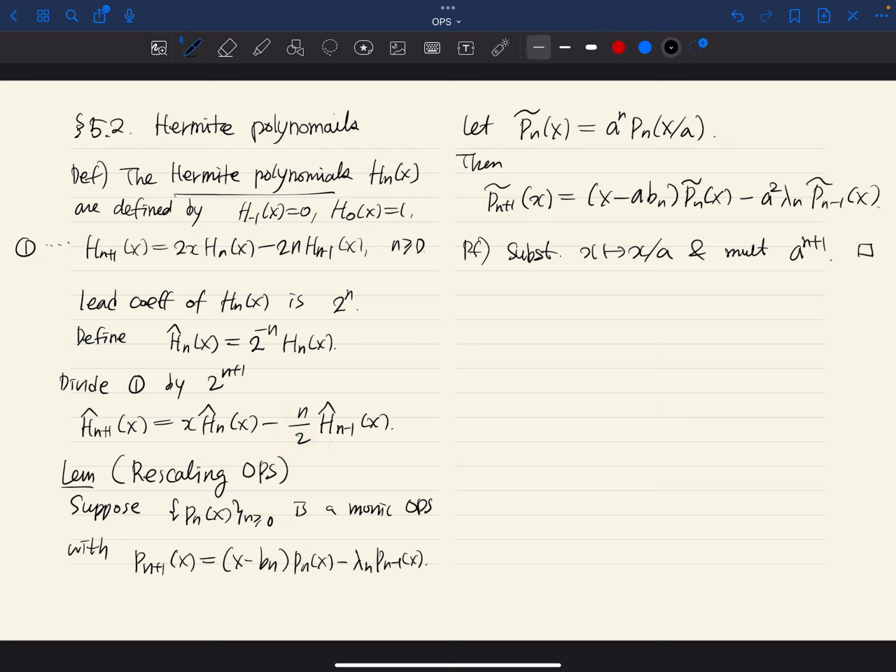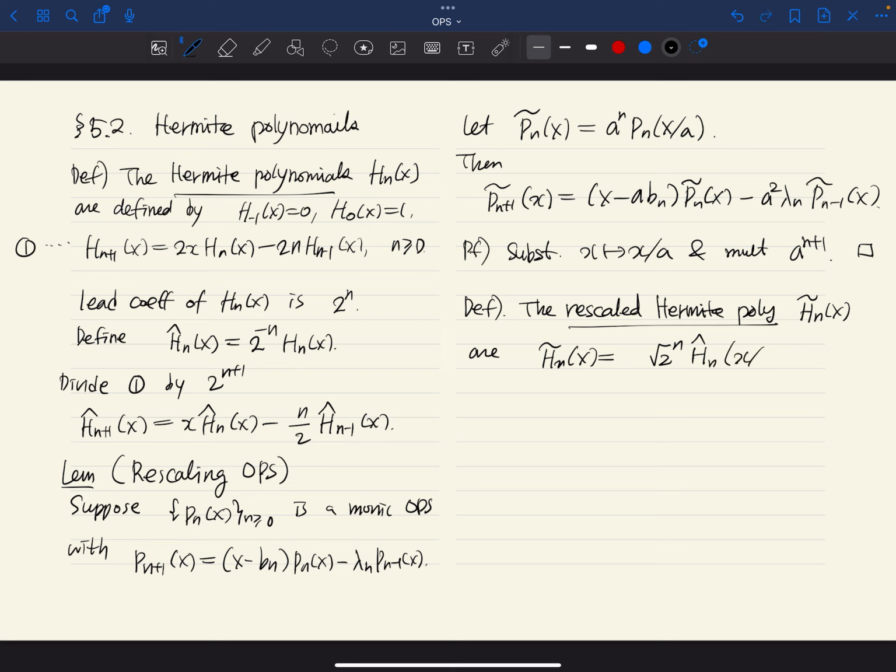So the definition: the rescaled Hermite polynomials, which we will denote by h tilde, are defined in this way: square root of 2 to the n times h hat sub n of x over square root of 2.